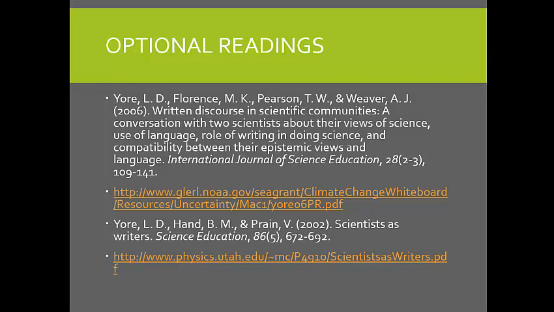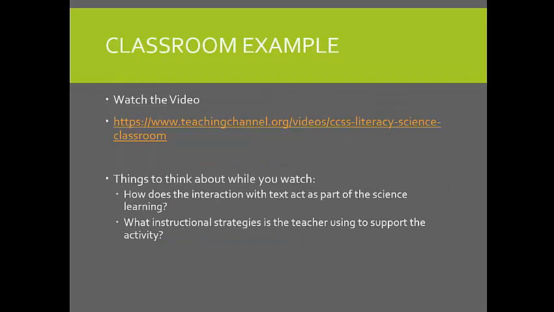It's in the 32 pages of that article. There's a lot more there than just how they use writing to do science, but that is one piece of it. And then the other one is Scientists as Writers, and that was published in Science Education. And it's only a 20-page article. But those are things you might be interested in if that's something that you're not familiar with.